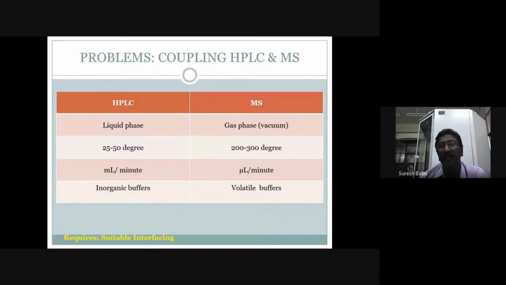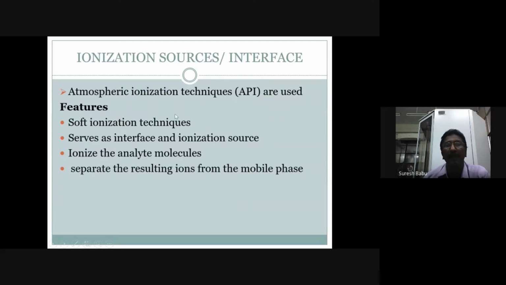Also then make the sample into gas phase. And this can be achieved by suitable interfacing. Then in modern HPLC, there is no separate interface. The ionization source itself acts as the interface and ionization unit.